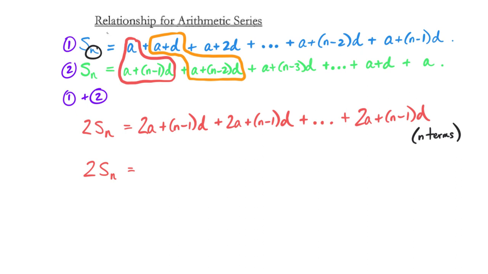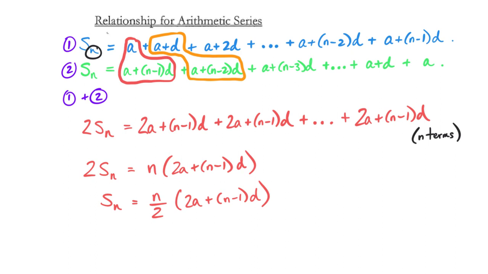Now, some formatting. I'm going to write that n out in front because it is a monomial, and we tend to write the multiplication of a monomial out in front. Okay, now for me to solve for the sum of n, I need to divide out that 2, and we're going to tend to see it looking in that form.